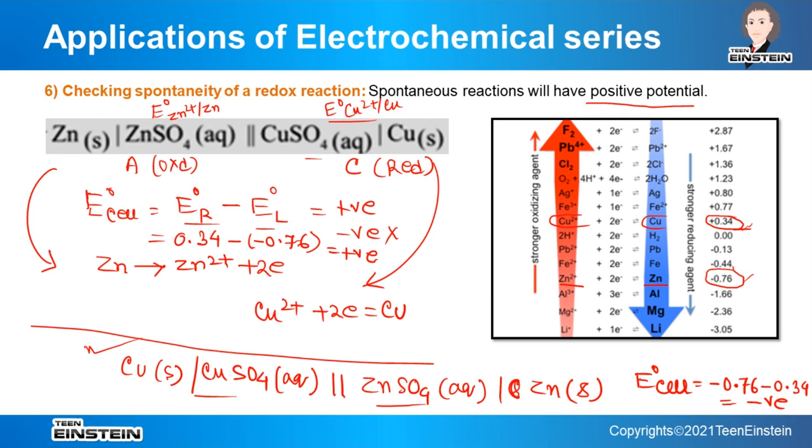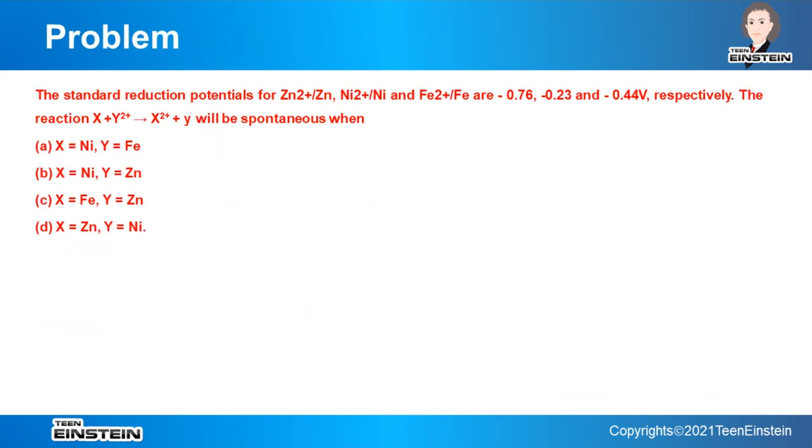Okay, here we have a problem. The standard reduction potential values for some systems, that is Zn, nickel, iron, these three are given. This is for Zn, this is for nickel, this is for iron.